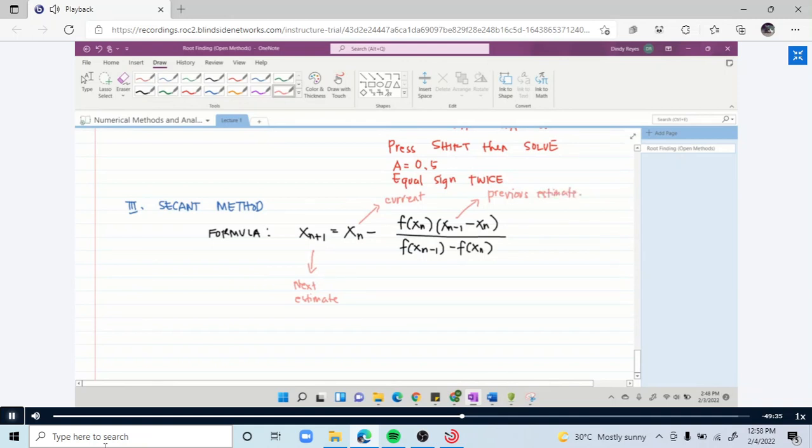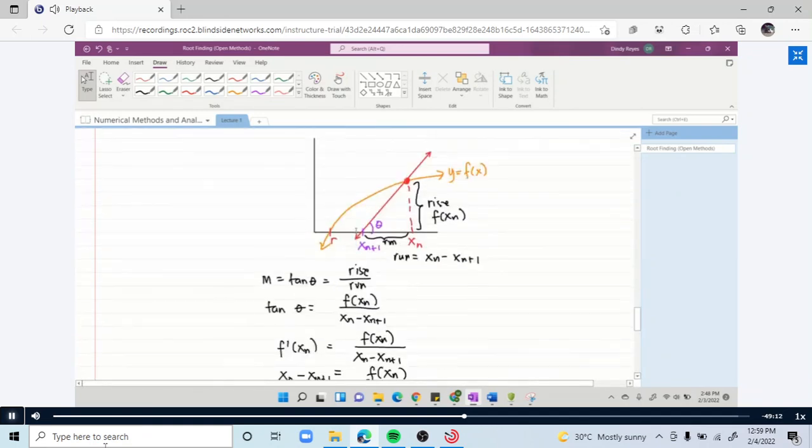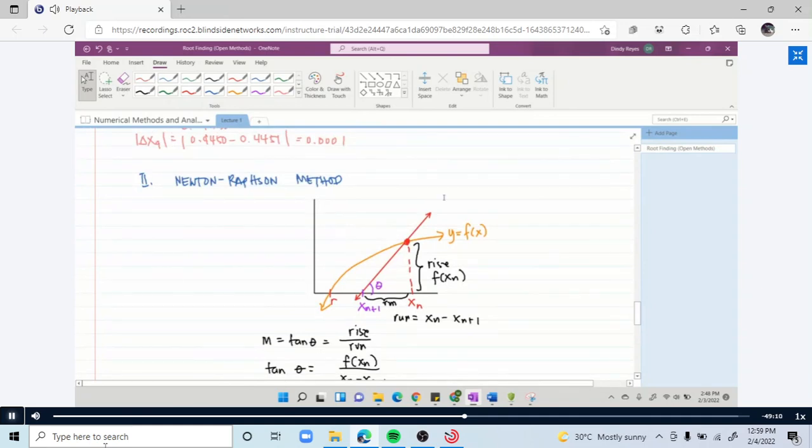So you'll be given two initial estimates here not just 1. Kasi meron kang x sub n minus 1 and you have x sub n. So, for this particular example, we'll use the same equation, but I will be giving you 2 initial estimates. Okay? Oh, by the way, does this always converge yung Newton-Raphson?